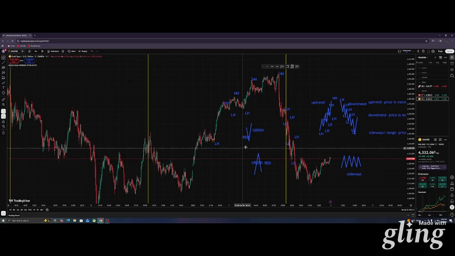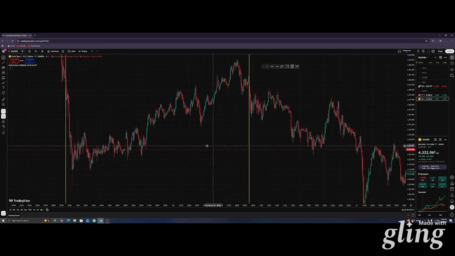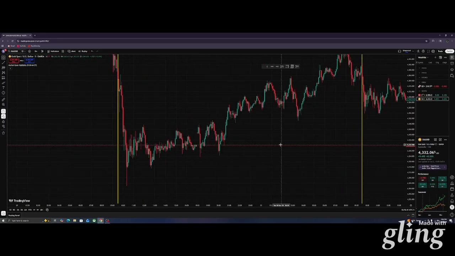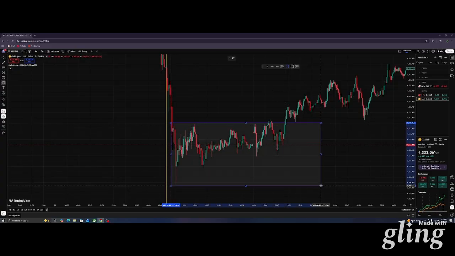Alright, let's now talk about sideways range or consolidation, whatever you want to call it. I had a pretty good example on the day I didn't trade, and it's this one. If you start from here, it didn't go through this box, and I was here all day looking at this trade. I didn't take it because you're not supposed to. If you can't find a good setup, you cannot be taking a trade.